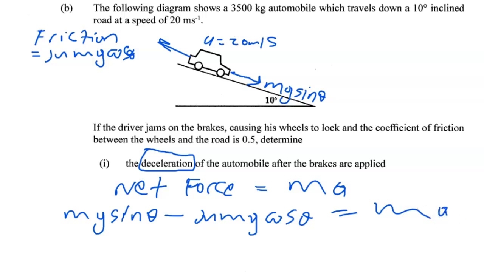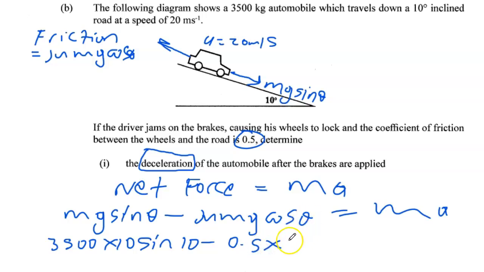So we can make some substitutions now. We know the mass of the car is 3,500. So 3,500 times g, which is 10, sine the angle 10 degrees, minus mu, coefficient of friction, that's 0.5, so minus 0.5 times 3,500 times 10, for g, cos the angle 10, equal ma, and m is 3,500 times a.